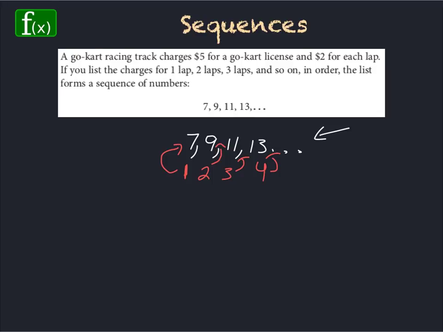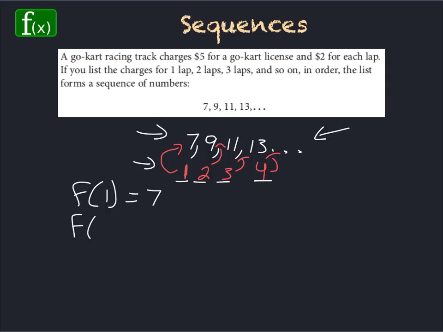So with sequences, the way we list our numbers matters, and we could write this in function notation easily because position is going to be your input, and your output, the term, is going to depend on your position. Remember, output always depends on input. A range always depends on domain. So at position 1, my term is going to be 7.